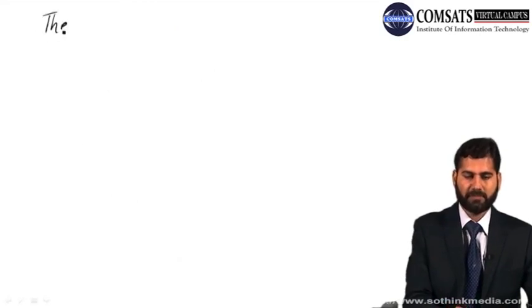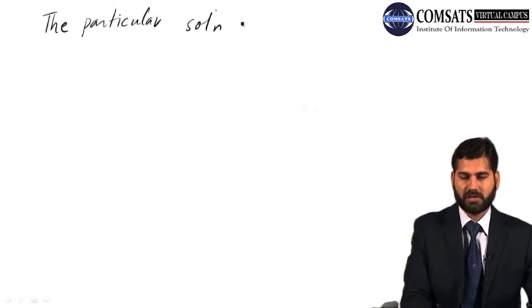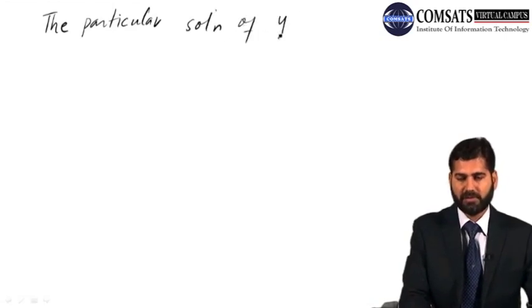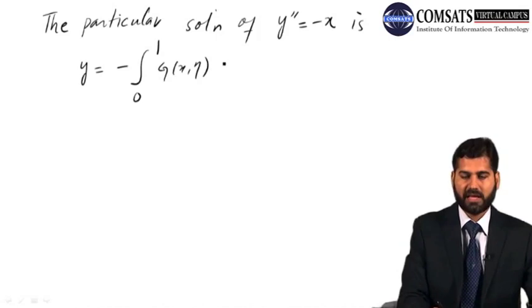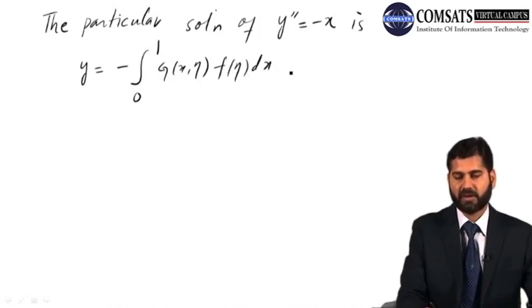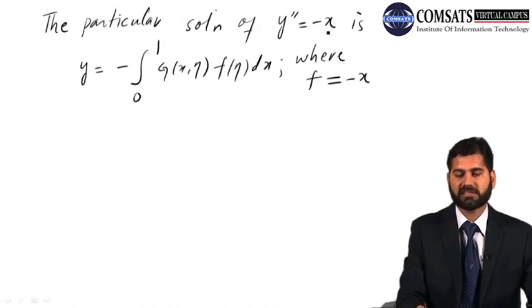The particular solution of y double prime equal to minus x is y equal to negative integral from 0 to 1 of g(x, eta) f(eta) d eta, where f is equal to minus x. This is your function on the right hand side.